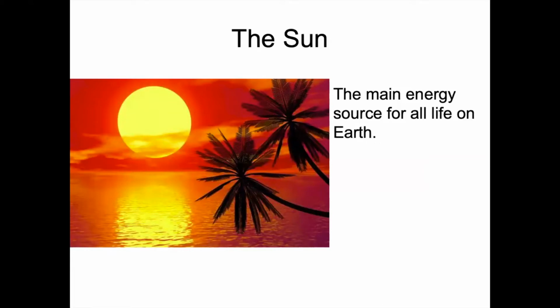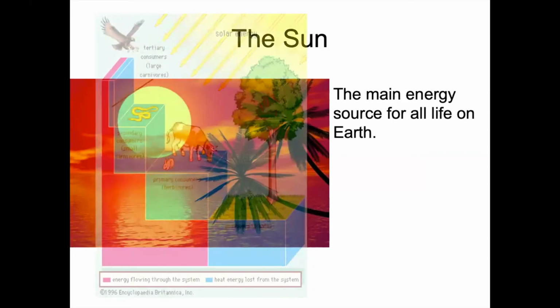Right? The sun charges everything on this planet, with the express exception of anything underground or at the bottom of the ocean where there is no sunlight. There's geothermal energy down there, but we're not talking about that. So a vast majority of life is going to be solar powered.